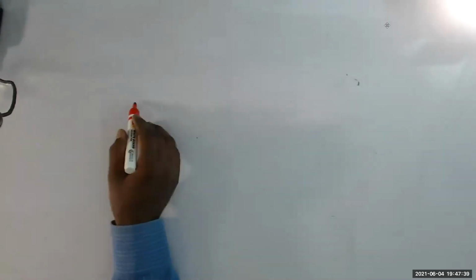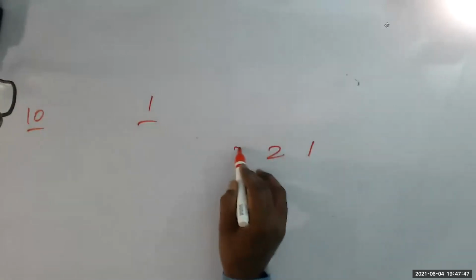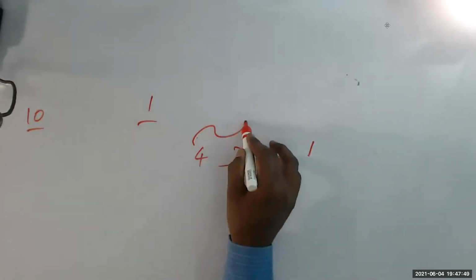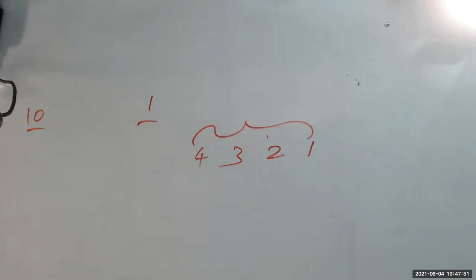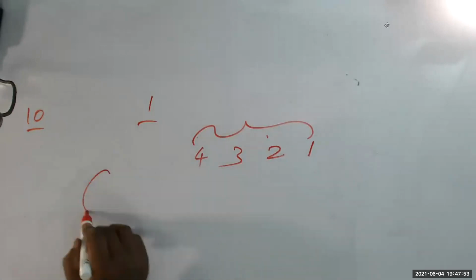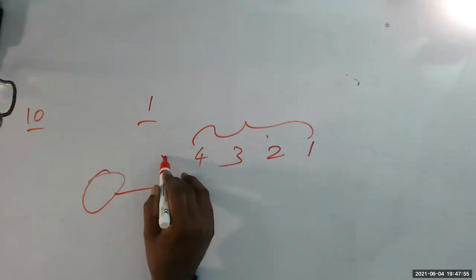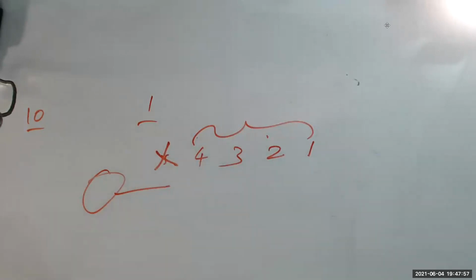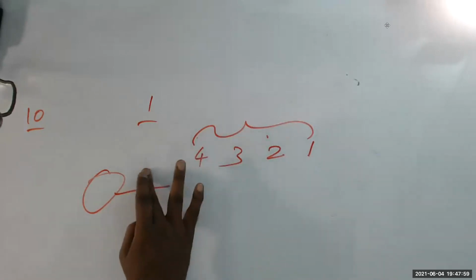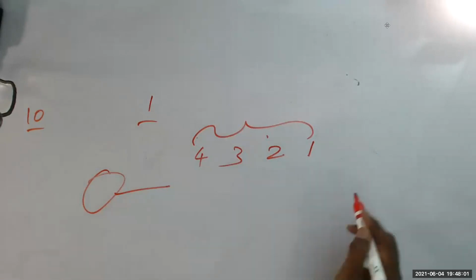You have 10 packets, 1 to 10. But you can send 1, 2, 3, 4. Now, how many packets are waiting? 4 packets. Then you are not supposed to send the 5th packet. You have been allowed to send only 4 packets without acknowledgement.